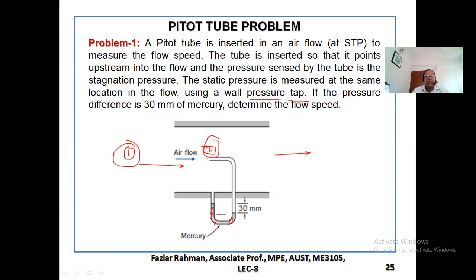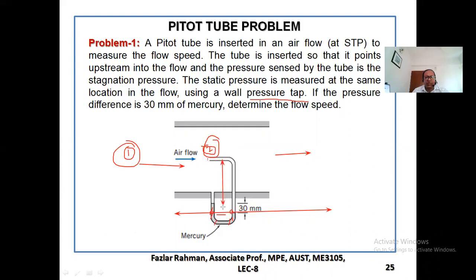Then you make a line right over here, along this line, and you consider that this point and this point pressure is the same. How can you figure out the pressure over here? You start from the upper point, point 2.